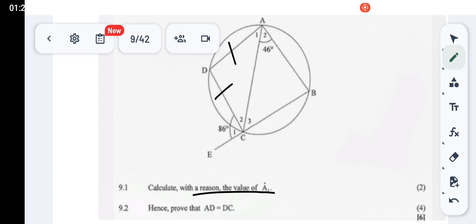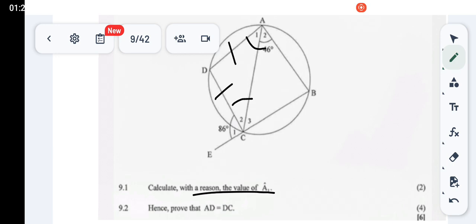If two adjacent sides are equal, what do you know about the base angles, the angles that are opposite to those two adjacent sides? The base angles will also be equal. In this case, angle A1 will also be equal to angle C2.